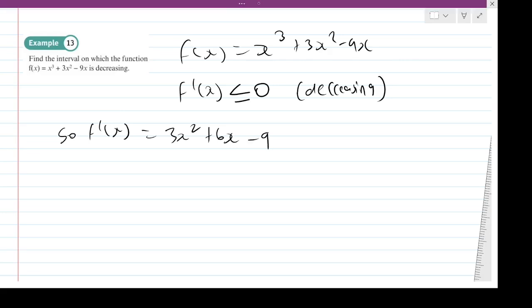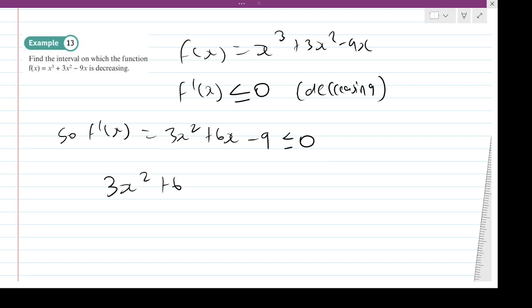Now we need to find where it's decreasing, which means it has to be less than or equal to 0. Well, actually, this is just a quadratic inequality. At this point, hopefully you realise this is a quadratic inequality, which we saw how to solve earlier on in the course. So let's solve this then.